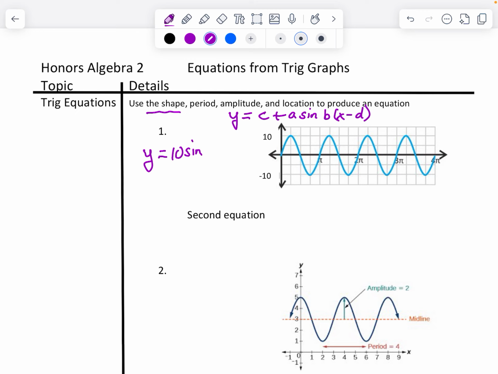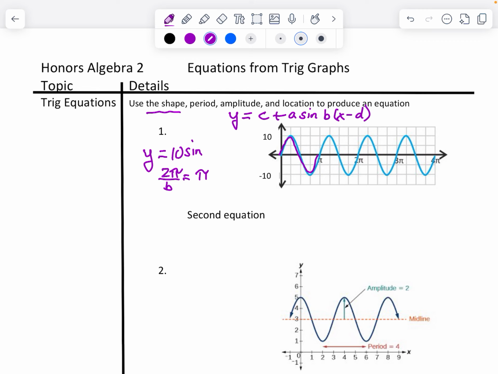Now, on the inside, the period has been changed from 2 pi to just pi. Notice that when we graph this here, it ends at pi for one period. Because of that, the way to calculate it is to say that 2 pi over b is going to just equal pi. Now we can figure that out, that's going to be b is equal to 2.